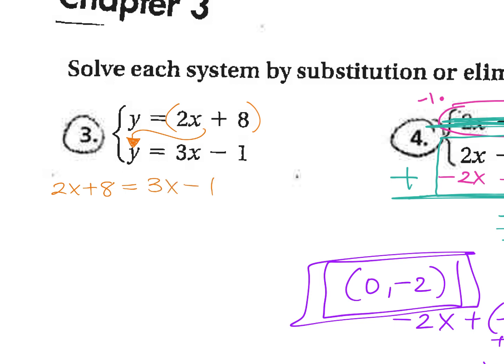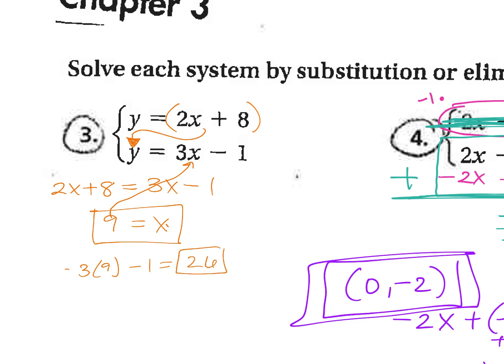So now take away your 2x and you have x, add your 1 and you have 9. So x is 9. And then you can plug that into either one of them. I would probably just plug it in right here. So 3 times 9 minus 1 is 27 minus 1, or 26 for your y value. So you get 9, 26.